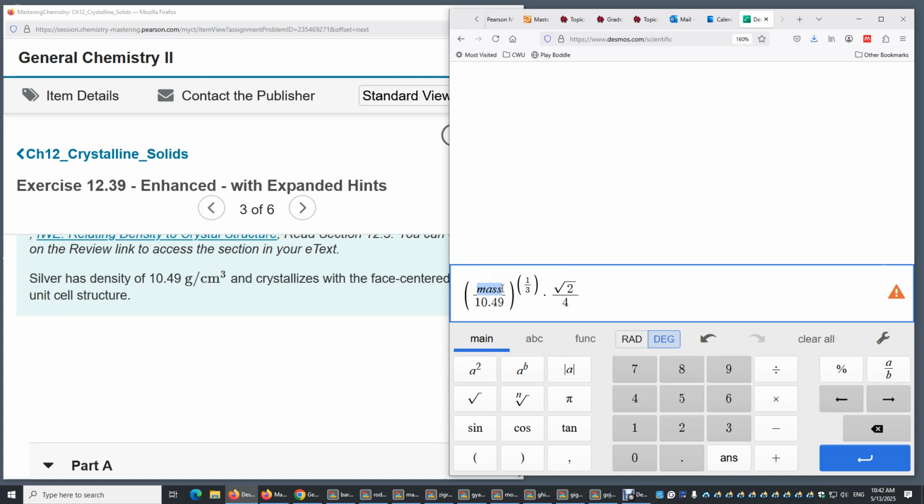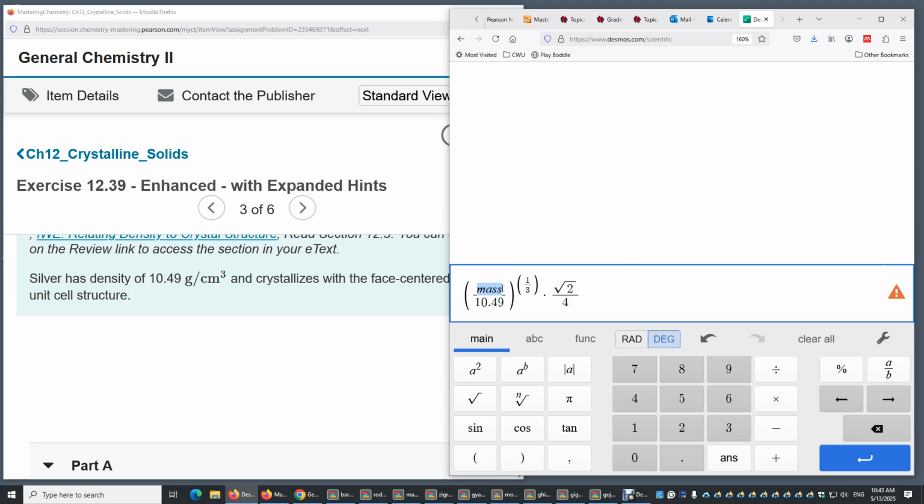In the face-centered cubic cell, there are 8 corner atoms and 6 face atoms, but only 1/8 of a corner atom is inside the cell. Only 1/2 of a face atom is inside the cell.